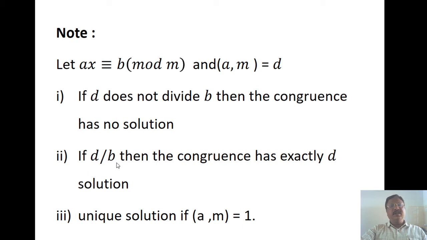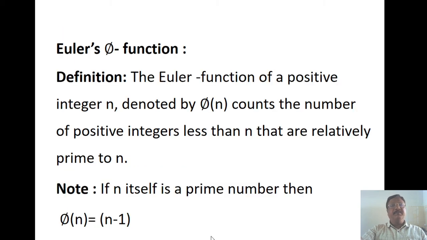Number 2, if d divides b, then the congruence has exactly d solutions. Means if d divides b, then it has exactly d number of solutions. Third, unique solution if a and m are relatively prime.